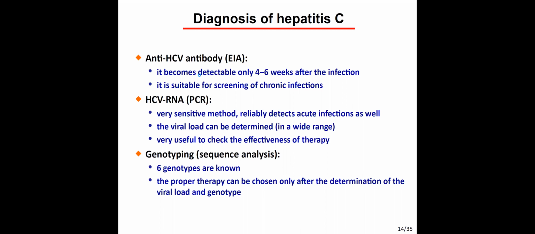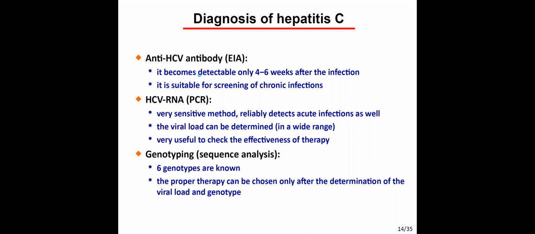The RNA PCR techniques are very sensitive for detecting the virus in acute infection, and viral load can be determined, which is very useful to check how effective the therapy was.